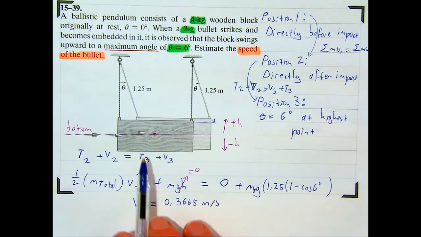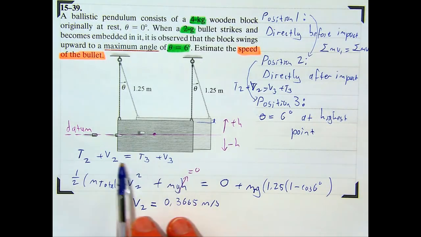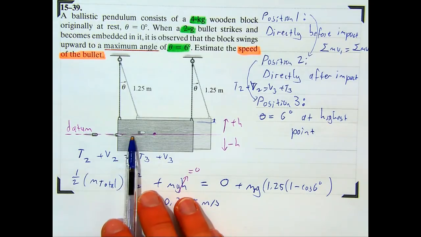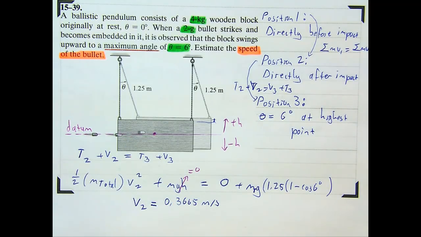That would be the velocity of the pendulum and the bullet combined directly after the bullet became embedded in the pendulum. Now we need to work back from position 2 to position 1 to find out the initial speed of the bullet.